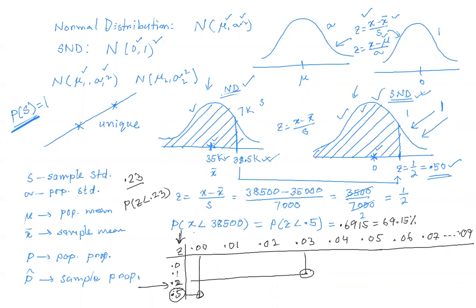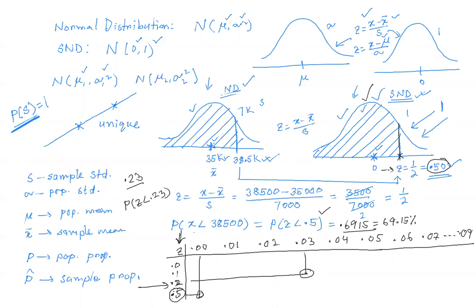So that means all the area to the left of this point, this vertical line, is 0.6915. That means the probability that z is less than 0.5 is 0.6915 or 69.15%.